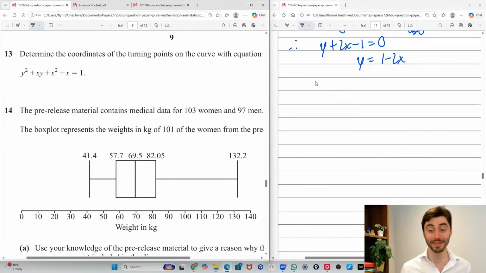All right. So what I'm going to do is I'm now going to plug that back into the original equation so that I can solve them both simultaneously. And that will solve me for the x coordinates, which I can then find the y coordinates for.